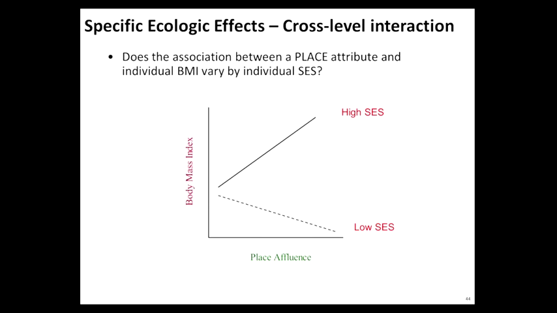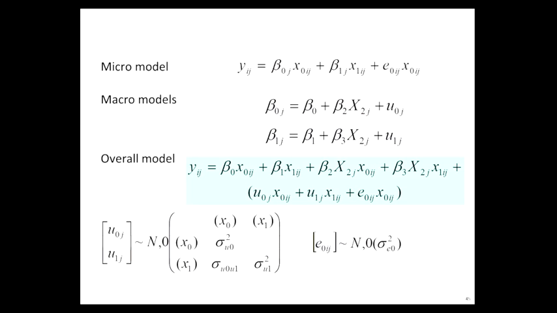Just one illustration of an interaction between a place attribute, an individual attribute, and how it impacts the outcome. And again, we can implement these models, and what you see here is the interaction term between x2j, which you can think about as the place influence, and x2j times x1ij is the interaction variable.